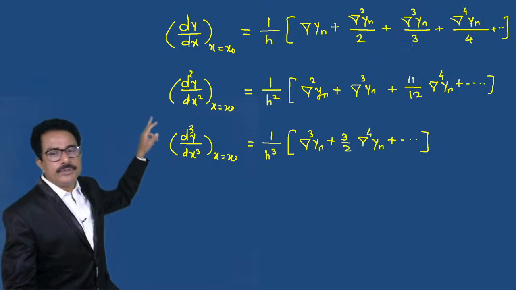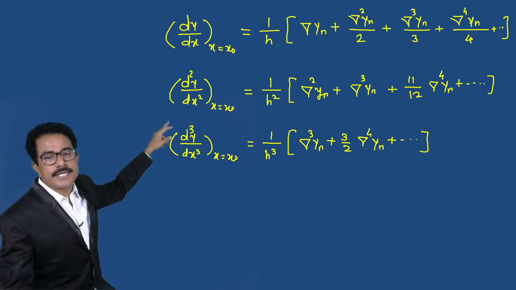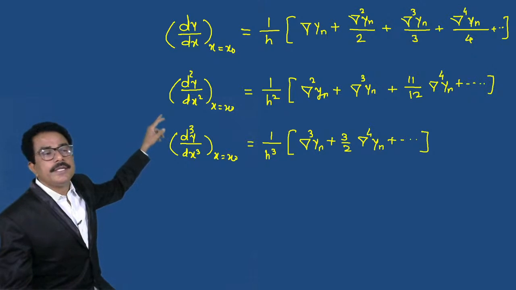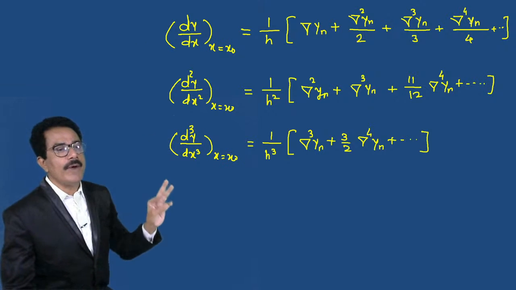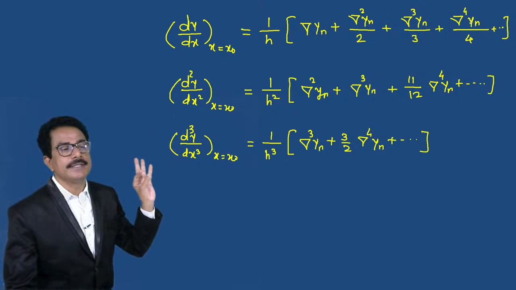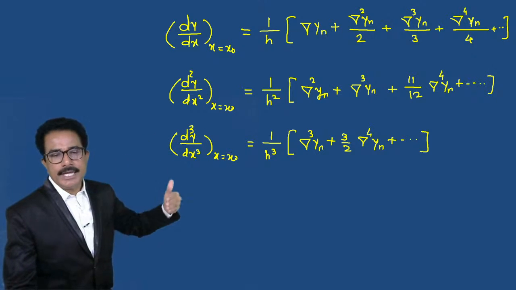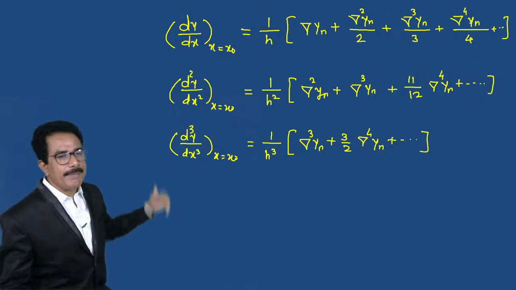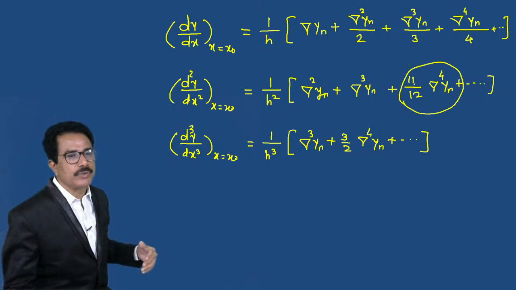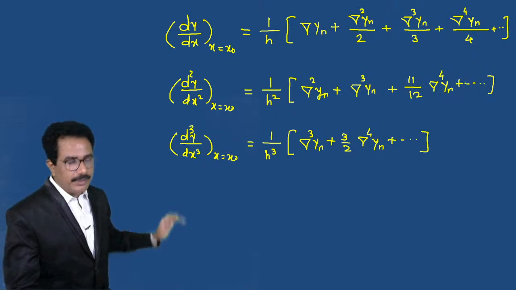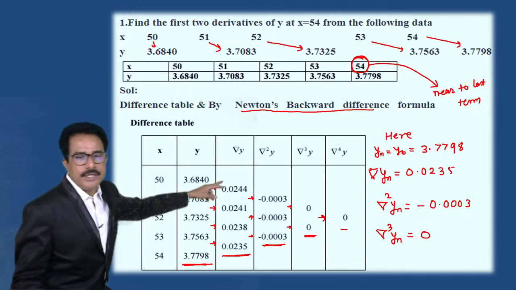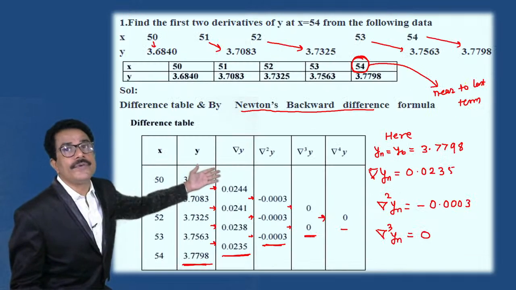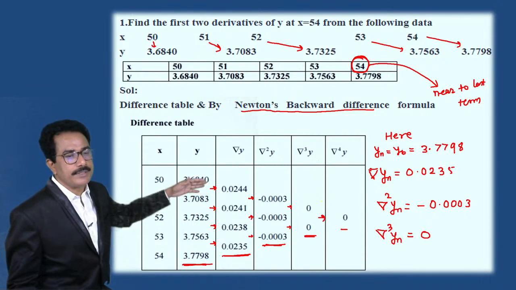So we only need del yn and del square yn in the first and second order derivative formulae, because del fourth is 0.